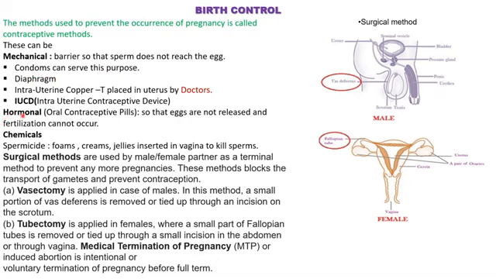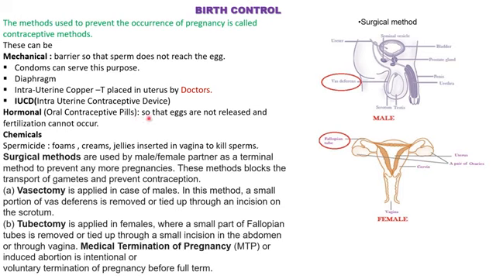Now the hormonal oral contraceptive pills, you must have heard about Sakhi. These are certain oral contraceptive pills that affect the release of the egg. It usually affects the hormones which produce the egg.